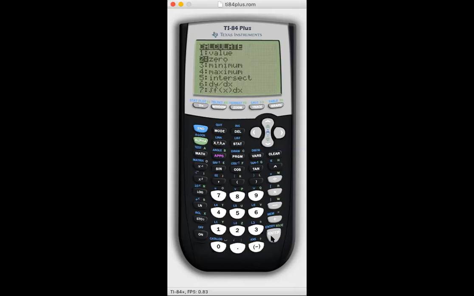So zero again, go to the right-hand side. Left bound. So I want to be on the left of the zero. That is right here. So I'm slightly below, which means I'm on the left. So enter. You can see there's an arrow there that tells me the left bound. Right bound, so I'm slightly above. And then it has that arrow saying, okay, your zero is stuck in between. Guess, just press enter, 2.5. So on the left, I have -4. On the right, I have 2.5.